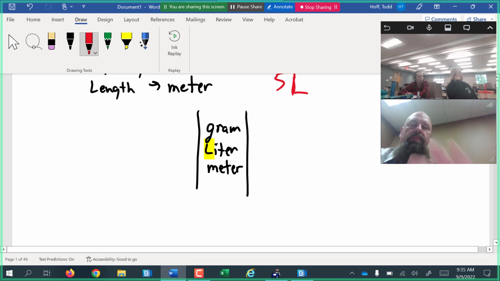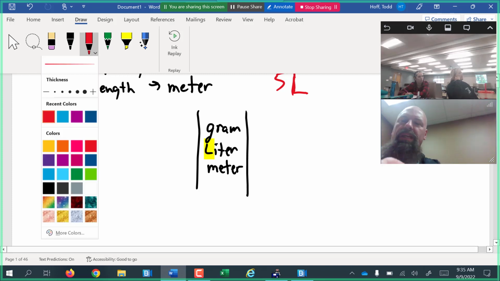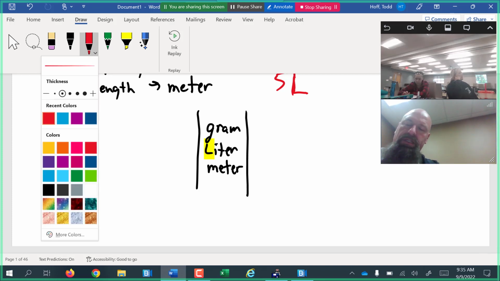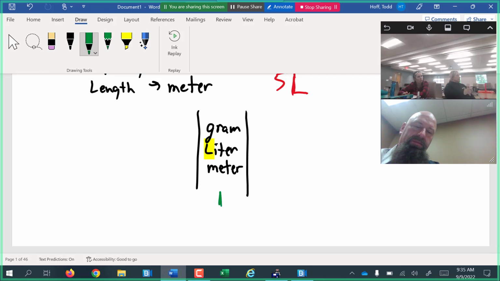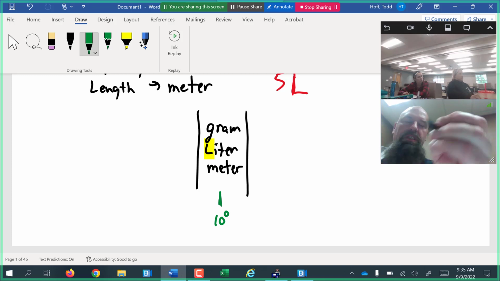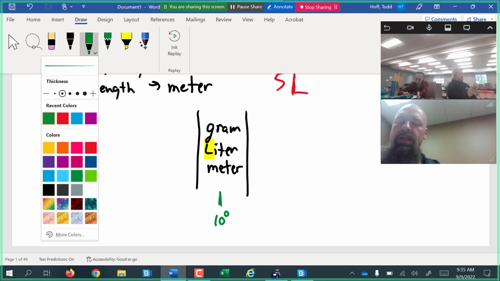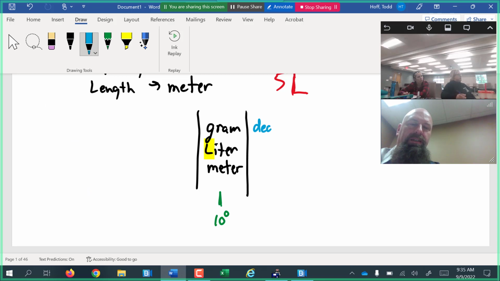But that's our main unit. And we can think of that main unit as being 1 unit. Or we typically think of it as 10 to the power of 0, which is equal to 1. If we need to measure something smaller, the metric system uses prefixes for that. And going smaller from our main unit, the first prefix is deci.